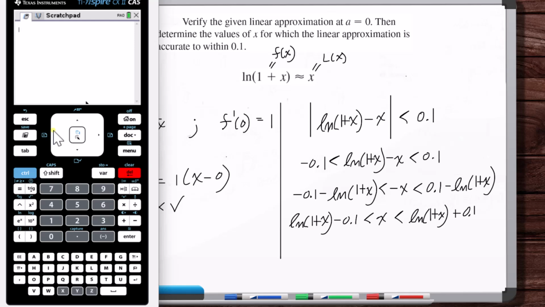Okay, now if we come to our calculator and we plot these functions, so natural log of 1 plus x minus 0.1.